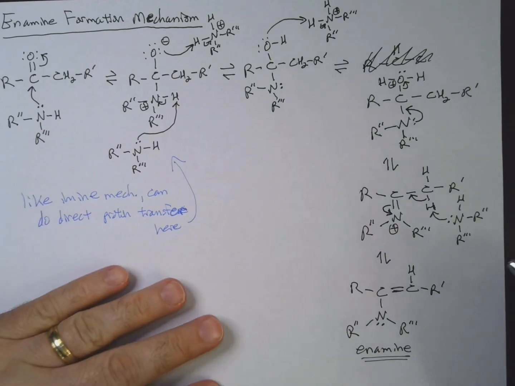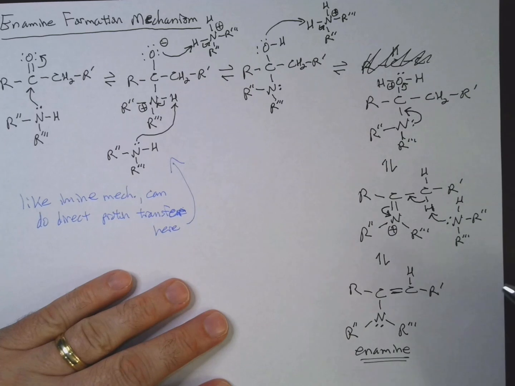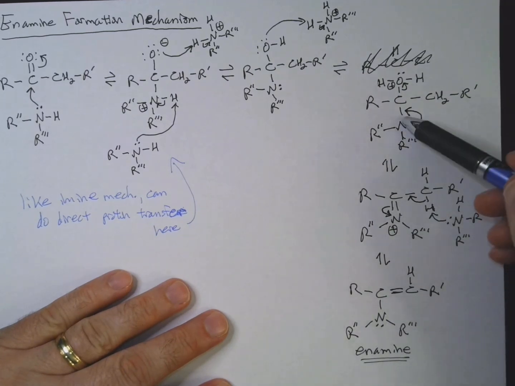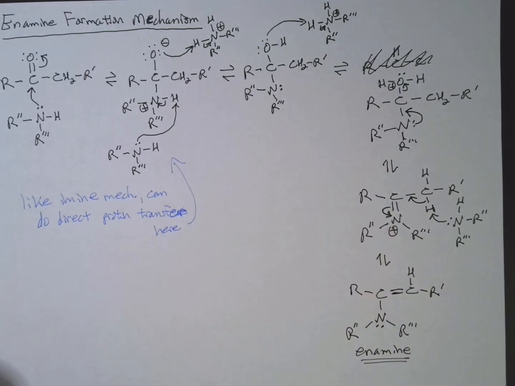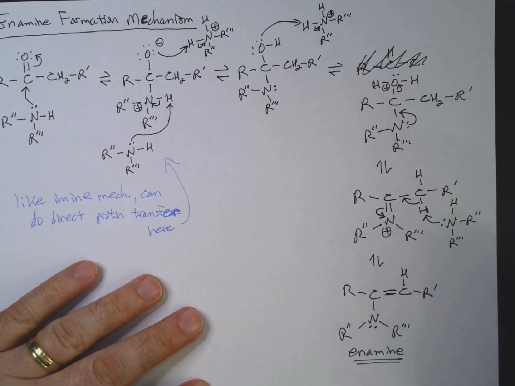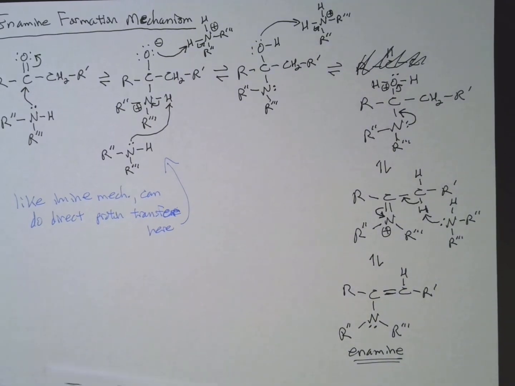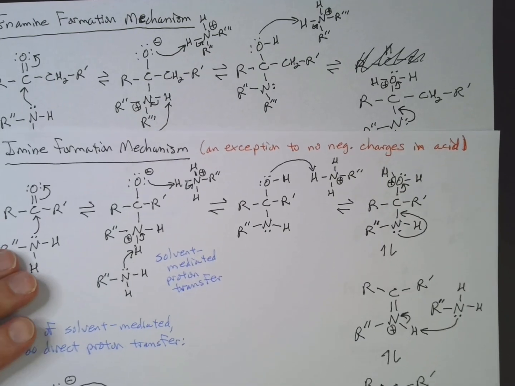So a slightly different little functional group involving nitrogen here. Now these reactions are reversible, and I think in the in-class meeting we'll look at how to draw the reverse mechanisms of these reactions. But again, it's the same essential thing for both enamine and imine formation.